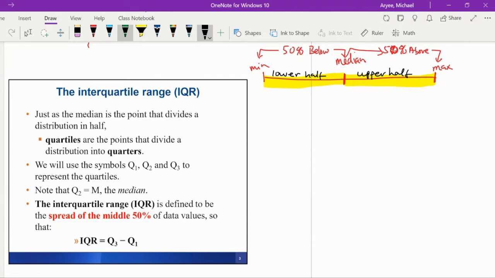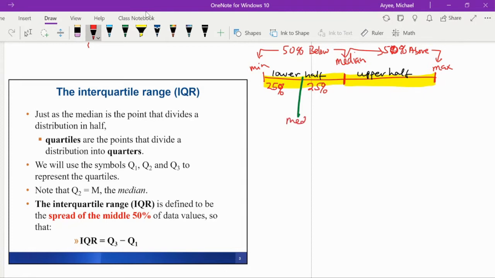Now, when we decide that we want to split the lower half into two, if you do that, then you're going to have 25% of your data here, and then you're going to have 25% of your data here.